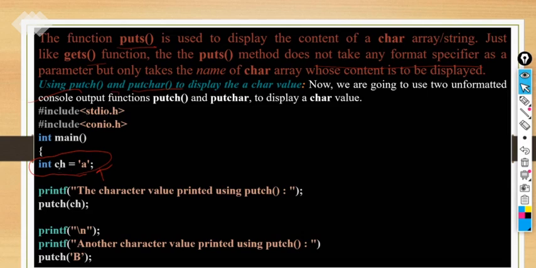Okay, and ch is a variable of int data type over here. I hope that is wrong actually. There should be char, yes. It was mistakenly written, because we are entering a character value here, an alphabet, and the declaration is a little bit wrong. So you can update it yourself.